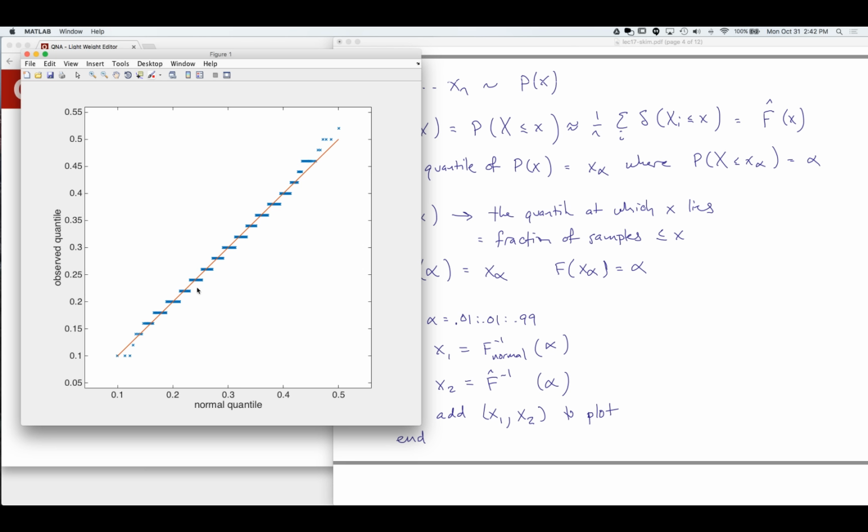And if this is a straight line, the two distributions match up. The predicted quantile and the observed quantile are approximately equal. And you can see that this is approximately a straight line.